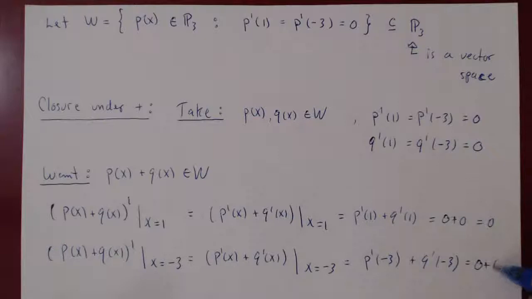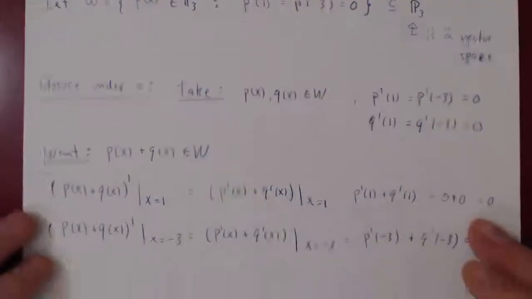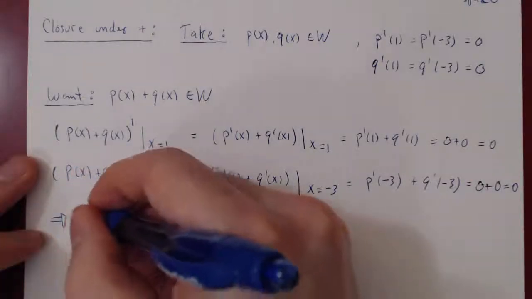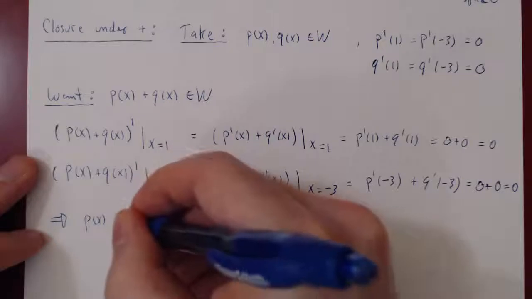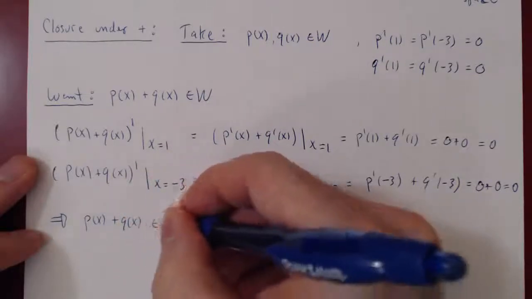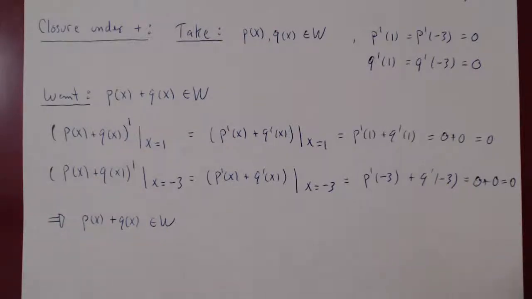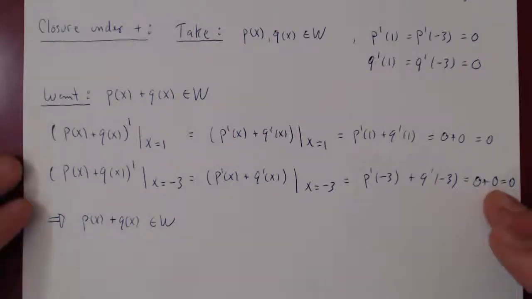And we get 0 plus 0, which is equal to 0. And so you see, x equals 1 is a critical point of p plus q. x equals negative 3 is a critical point of p plus q. Therefore, p plus q is still a polynomial in our space. So this proves that we have closure under addition. Let us now prove that we have closure under scalar multiplication.